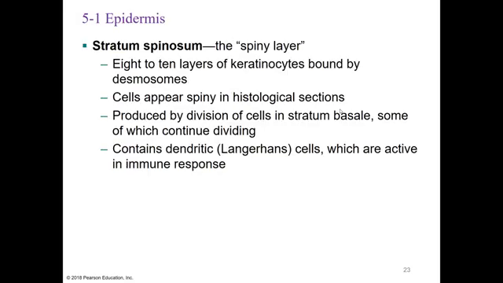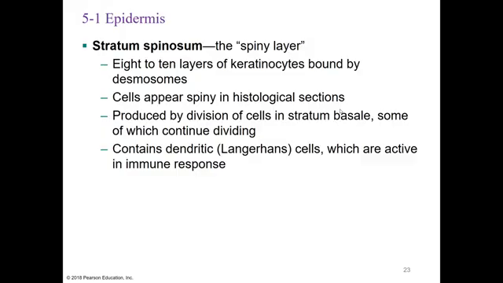Moving up from the basal, we have the stratum spinosum, also known as the spiny layer, and it will have about 8 to 10 layers of keratinocytes that are stuck together by desmosomes. That's another throwback to chapter 4. Desmosomes are interlocking proteins that connect one cell to its neighbor, and that's going to allow the skin to form sheets.